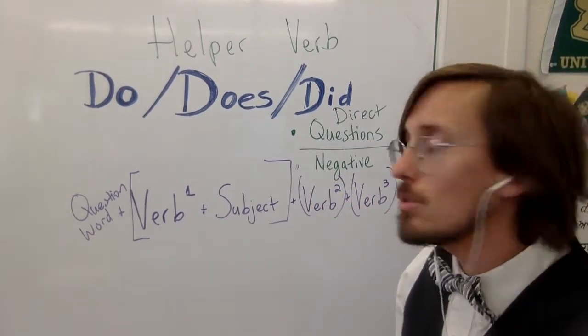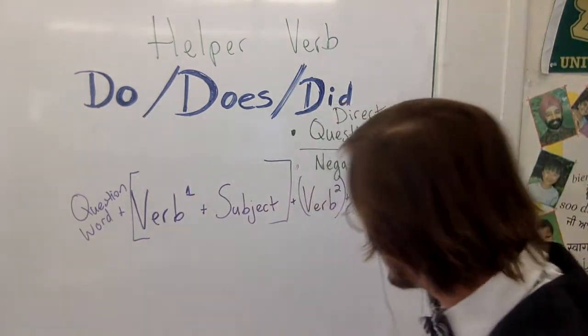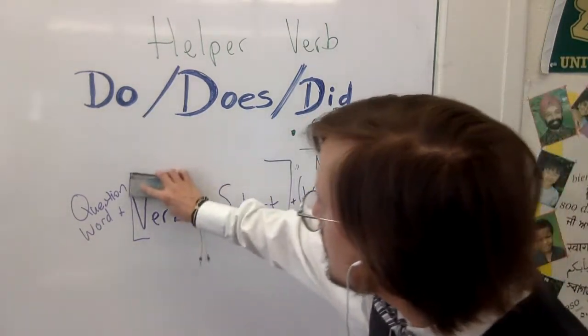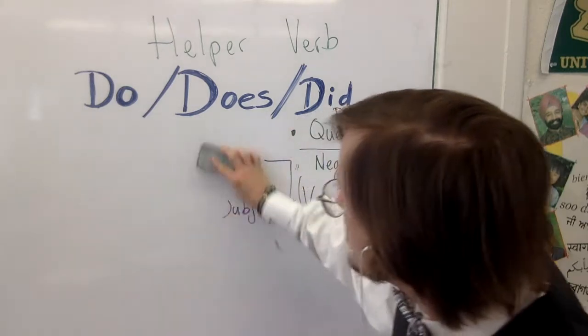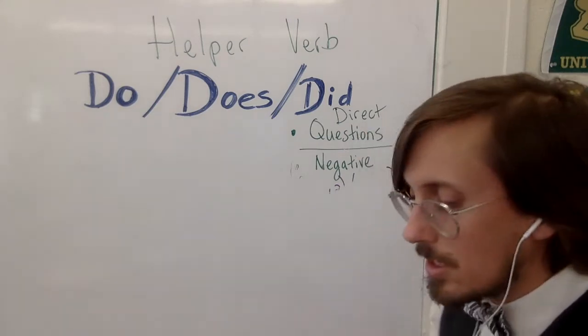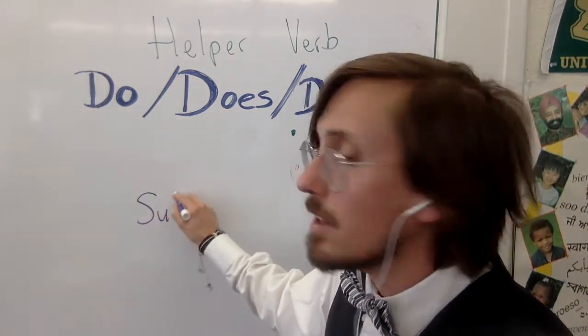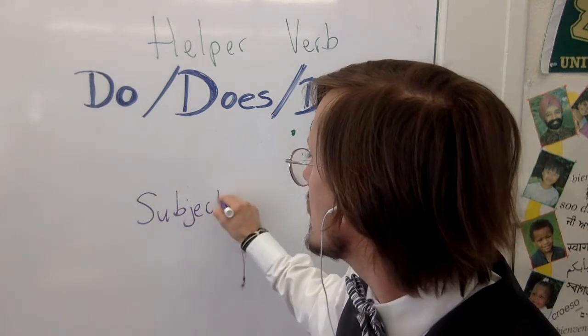And the same is true for making a sentence negative. However, this part will look different. If you're just making a normal negative sentence, then we would still have the subject first, as we do with other sentences in English.